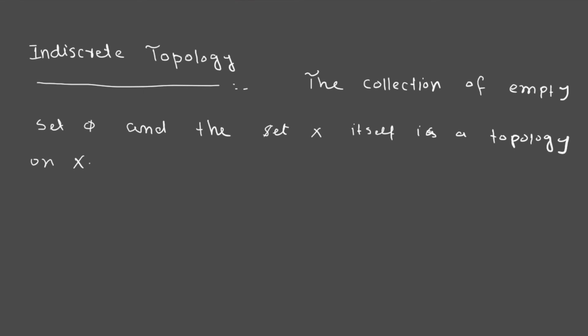In other words, for any non-empty set, just like X, the collection contains phi and X. This collection is an indiscrete topology on X, and the space X comma T is called an indiscrete topology space.